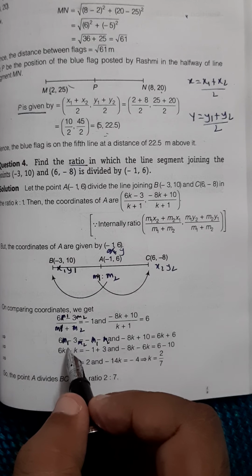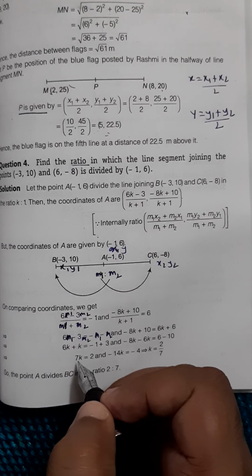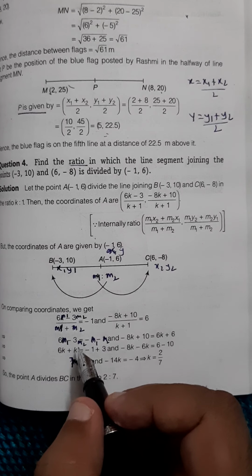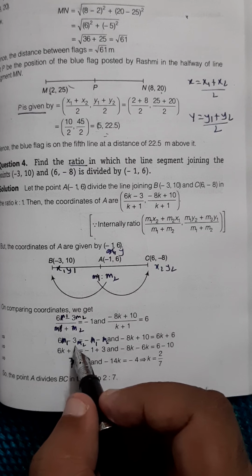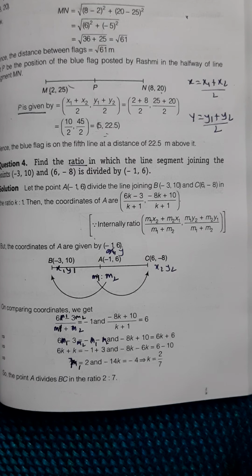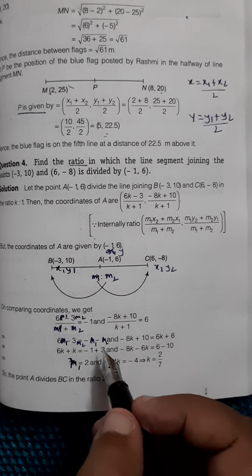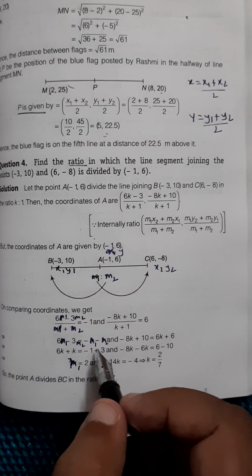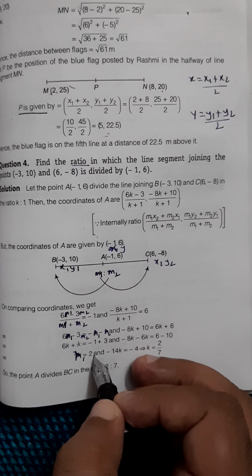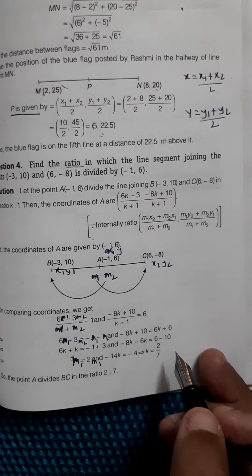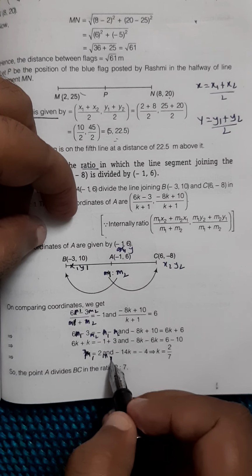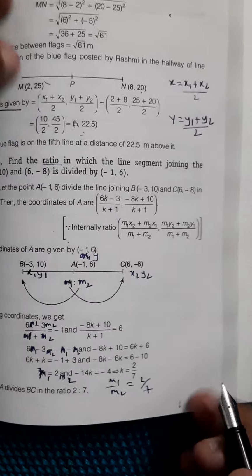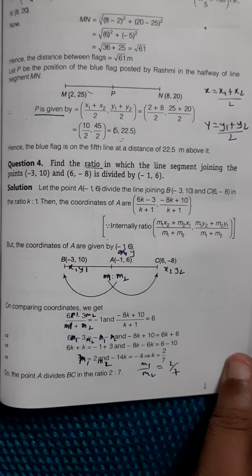This is going to come here, so that will become 7m1, right? 7m1 and minus 3m2 I am going to transfer this side, so minus 3m2 when I transfer this side will become plus 3m2, plus 3m2 minus m2 will become 2m2. So 7m1 equal to 2m2. So what is the ratio of m1 by m2? m1 by m2 will come 2:7.